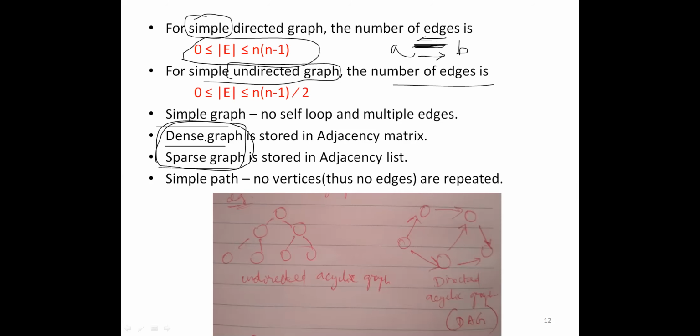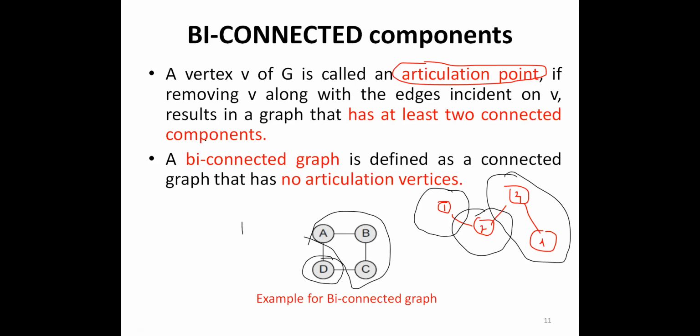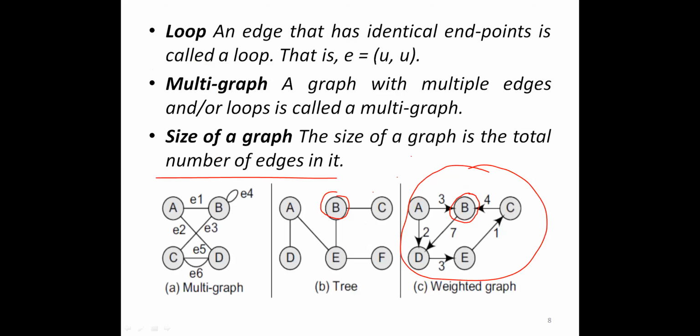Okay. If there is a smaller number of edges, then we can say it is a sparse graph. See, when you take this example, I can say this is a dense graph. It's not that dense. If having A to C, B to D, so having more edges, we can say this is a dense graph. Why?